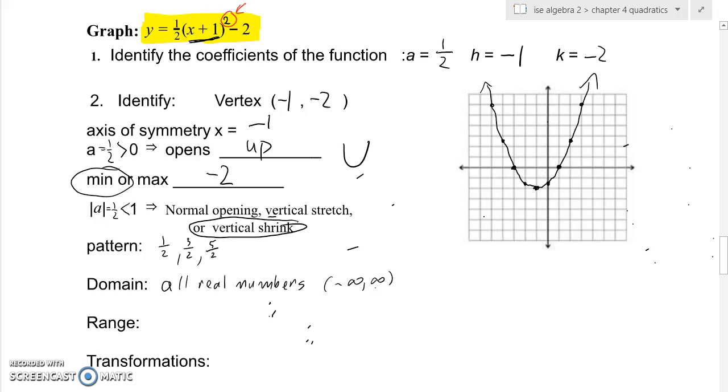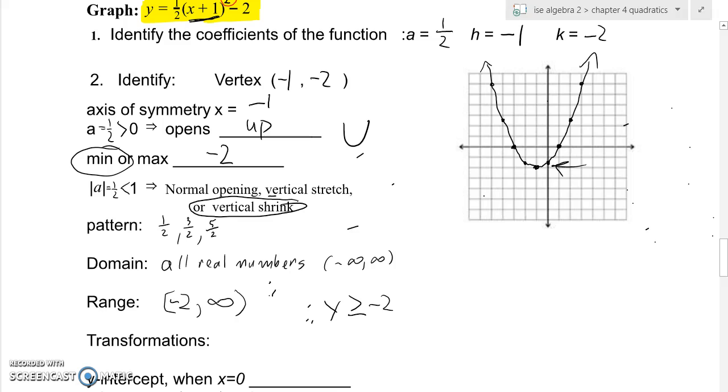Our range, our smallest y value is right here. It's our minimum value of negative 2. From that point, we increase. So negative 2 to infinity, or y has to be greater than or equal to negative 2.